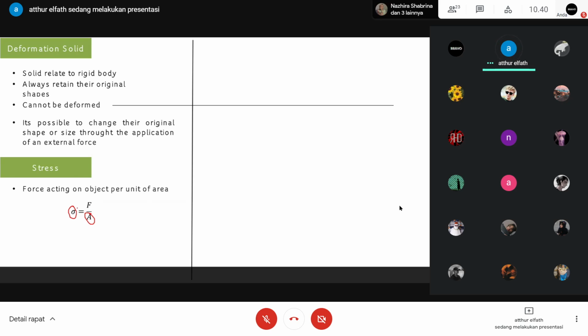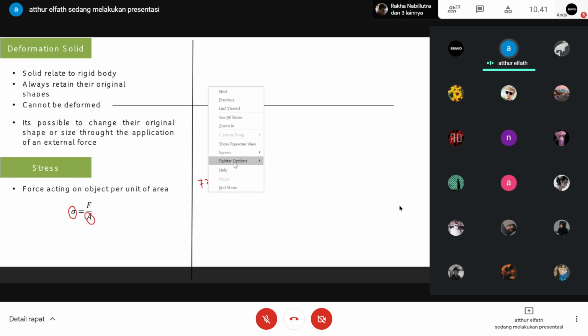But on the other side, the stress is linearly proportional to force. This means the higher the force, the higher the stress.